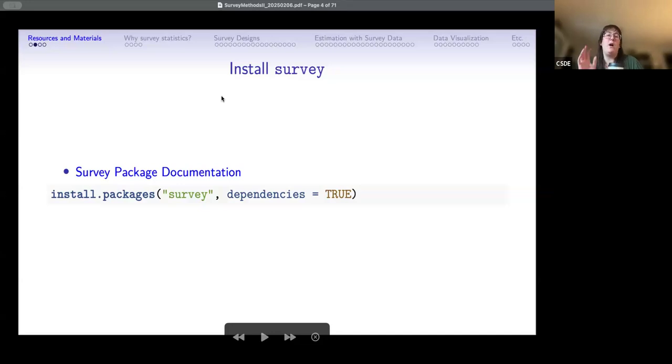Okay, so there are two survey packages that you might use in R. One is called the survey package. One is SRVYR, survey R, I believe. It is really a wrapper for everything in the survey package.